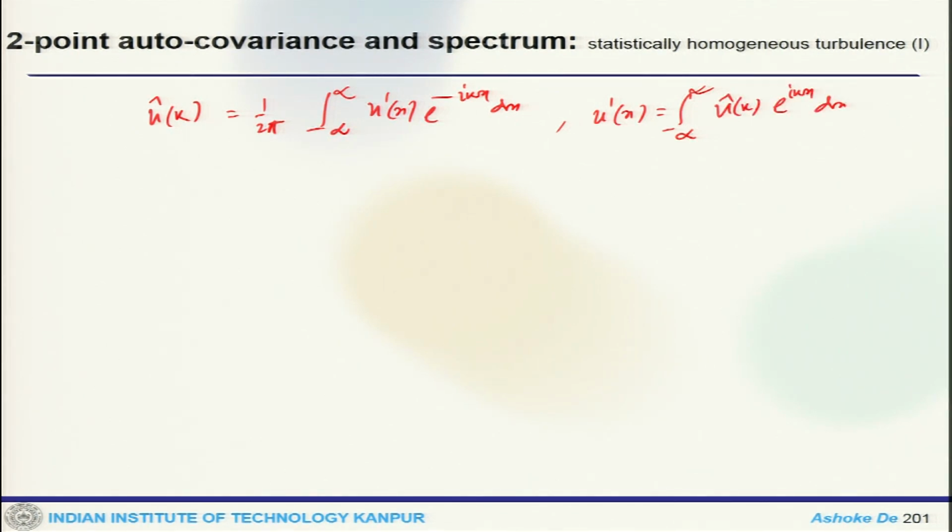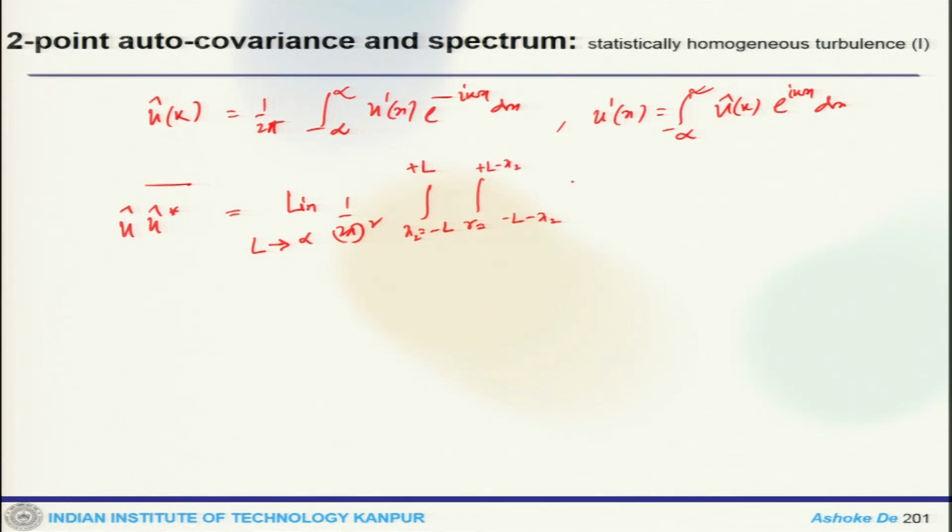Now, once we multiply this Fourier transform with its complex conjugate and use the property of statistically homogeneous turbulence, what we get for u hat star u hat is essentially the limit as L tends to infinity of 1/(2π²) times the integral over x2 from −L to L, and r from −L − x2 to L − x2, of R11(r) e^(−ikr) dr dx2, where r is x1 minus x2.